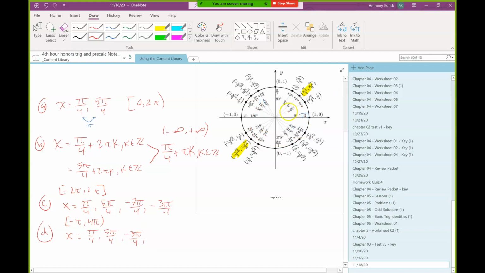And then I'm also going to get possible answers from 2 pi to 4 pi. To get those answers, basically I would have gone around the unit circle once, which is just like adding 2 pi to each of these answers. So 2 pi plus 1/4 pi is 9/4 pi, and 2 pi plus 5/4 pi is 13/4 pi. So those should be my answers for D.